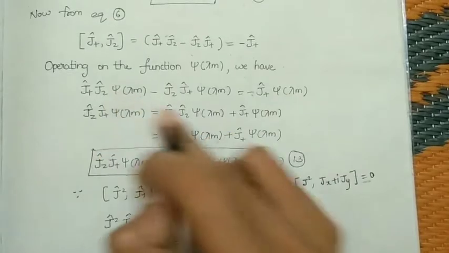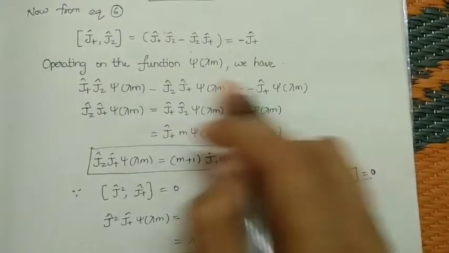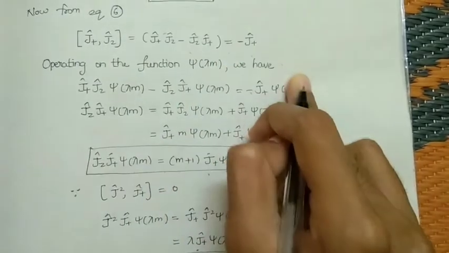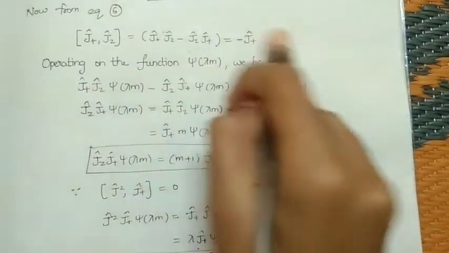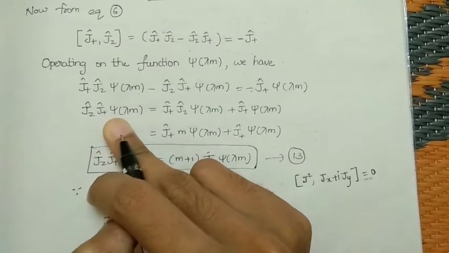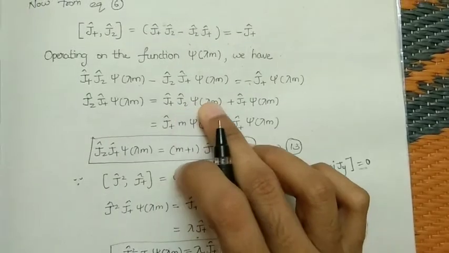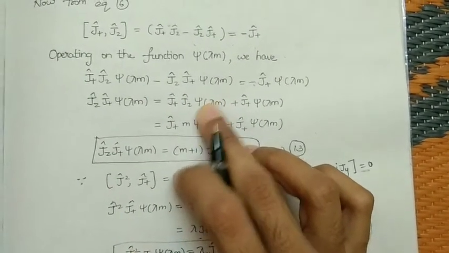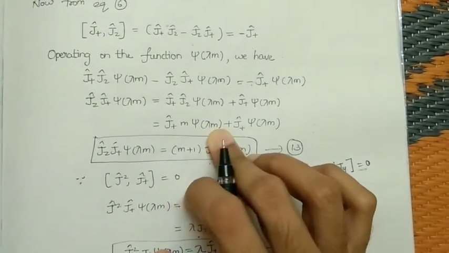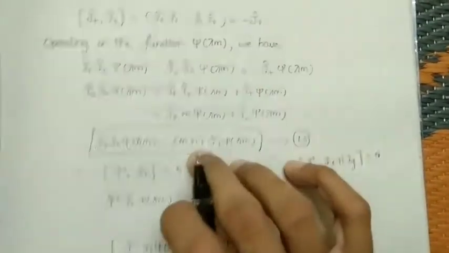So J plus Jz xi of lambda m plus J plus xi of lambda m, and this one has to be sent to this side. Here minus is there, so if it goes to that side, plus: plus Jz J plus xi of lambda m. Now when Jz is operating on this wave function, we would have m into xi of lambda m, and J plus into xi of lambda m as usual.